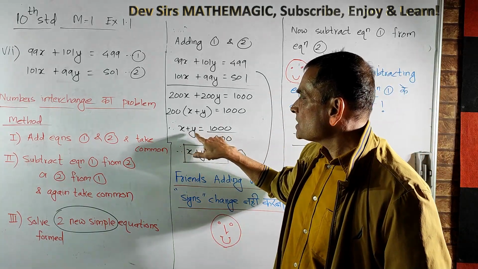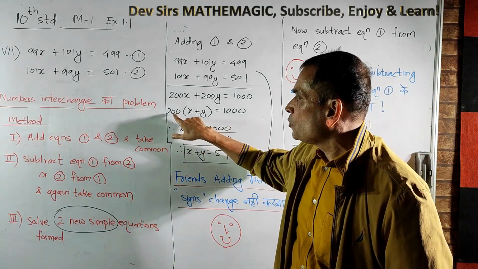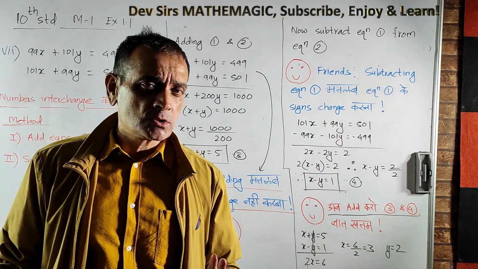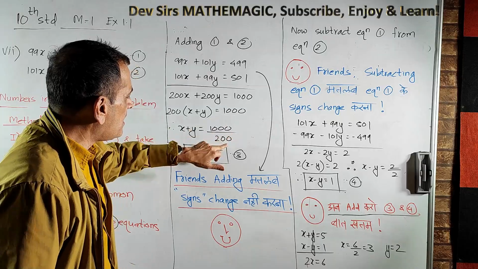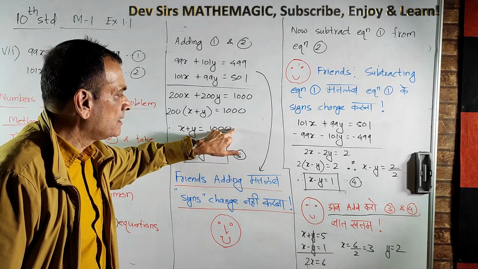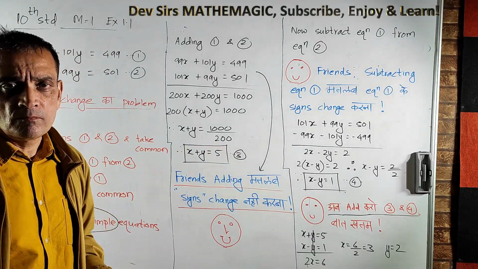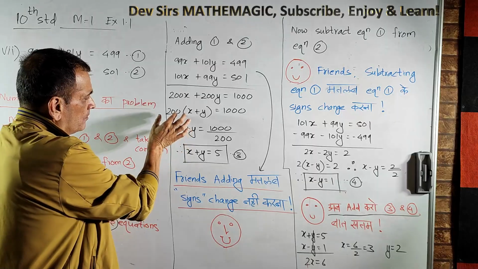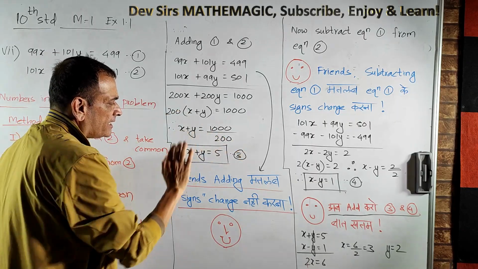So x plus y is equal to 1000 upon 200. 200 goes in the denominator. Don't do 1000 minus 200, friends. 1000 upon 200. Multiplication gets converted into division. 1000 upon 200, 200 just goes in the denominator as it is.